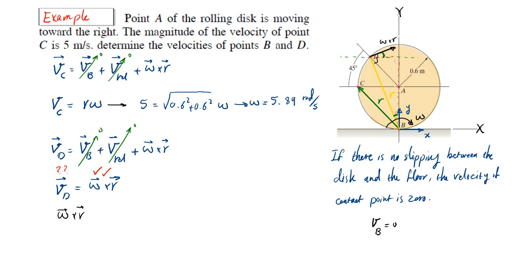So I know this length is 0.6 plus 0.6 cosine 45 degrees. Right, this length. And then this length is basically just 0.6 sine 45 degrees.